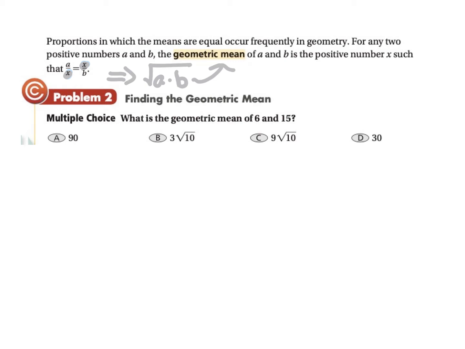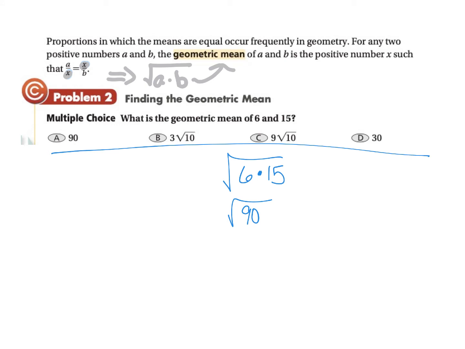Let's look at what the geometric mean would be for 6 and 15. I'm going to multiply the two together and take the square root of it. 6 times 15 gives me 90, so I'm looking at the square root of 90. Notice none of these are the square root of 90, so we simplify the radical like I taught you yesterday.